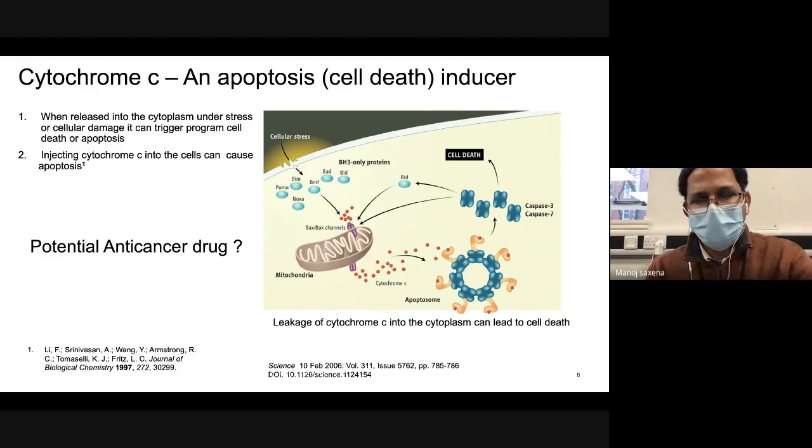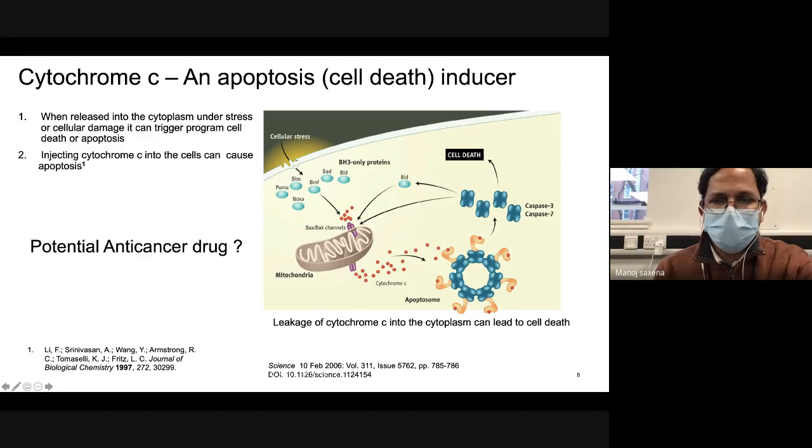relatively more recently discovered: if this cytochrome C, which normally resides loosely associated in the inner mitochondrial membrane, somehow, due to cellular stress, reaches the cytoplasm, it can trigger a chain of reactions called a caspase cascade, whereby different caspases, which are actually proteases, get activated.